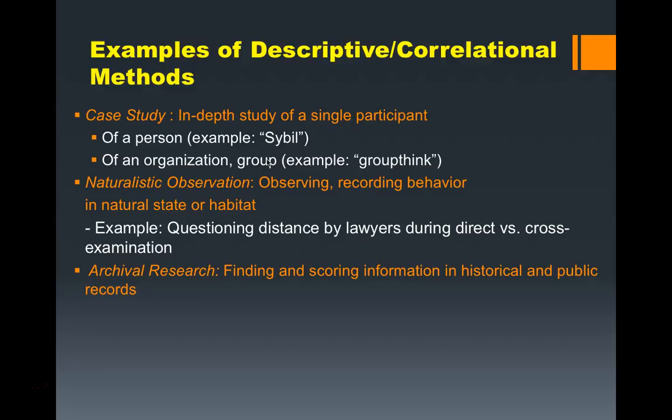Archival research involves finding and scoring information in historical and public records. One of the classic examples is a study done many, many years ago to test a hypothesis that frustration, that is, having a goal blocked, tends to be associated with greater aggression.